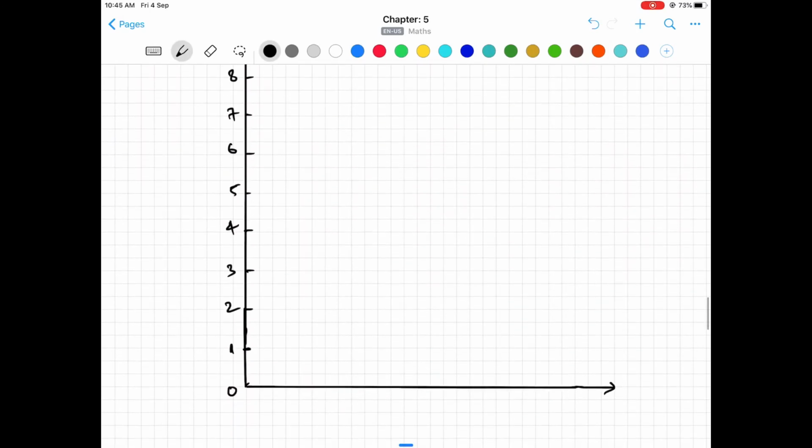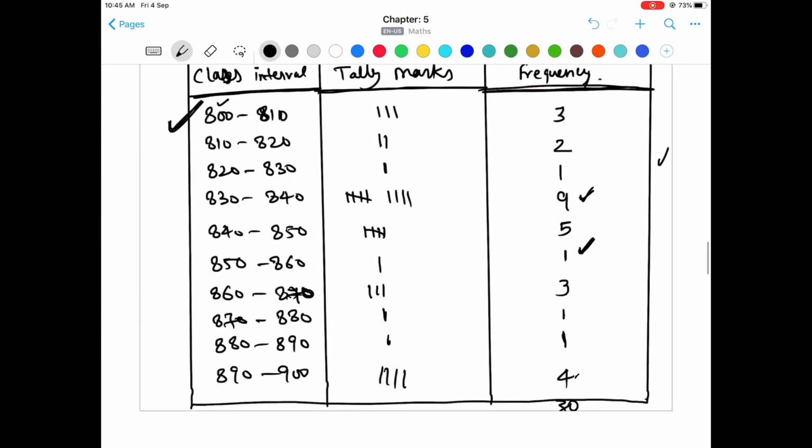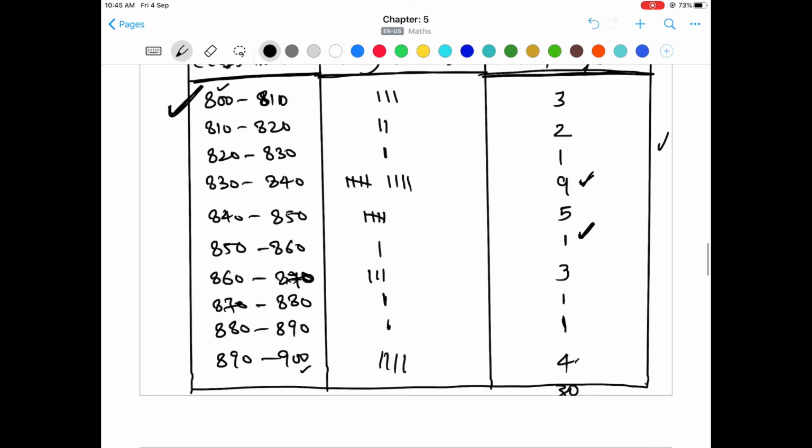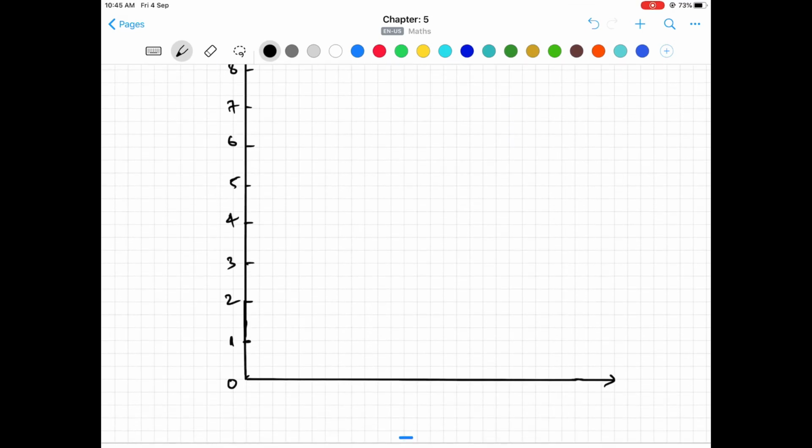And on the bottom side, you can see the lowest number that we have here is 800 and highest is 900. So we'll divide this horizontal axis between only 800 to 900. So let's say this one is 800, 810, 20, 30, 40, 50, 60, 70, 80.